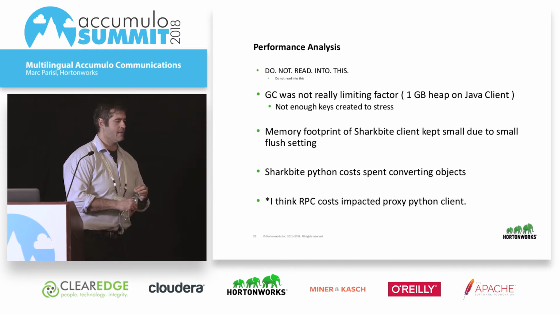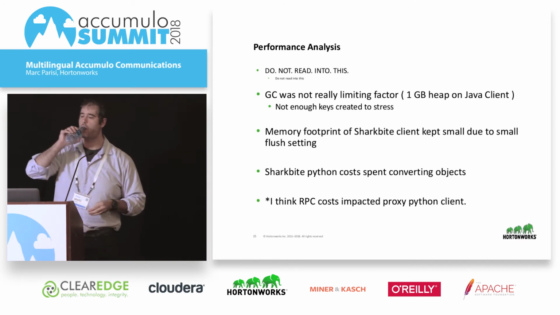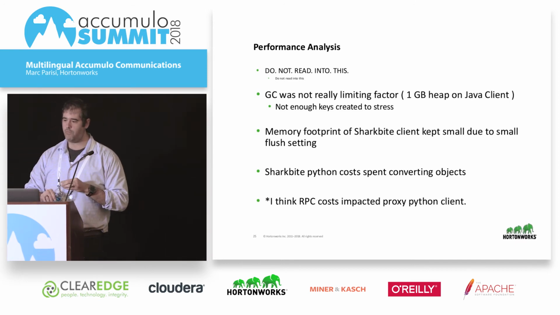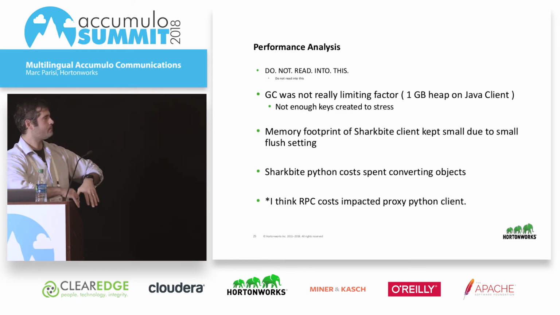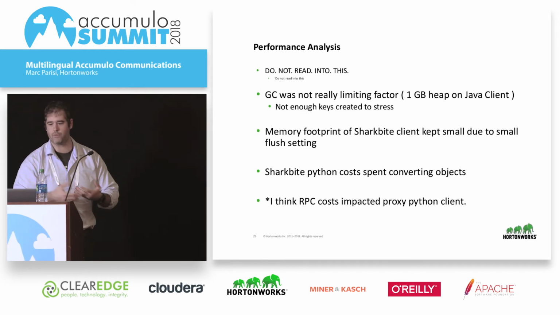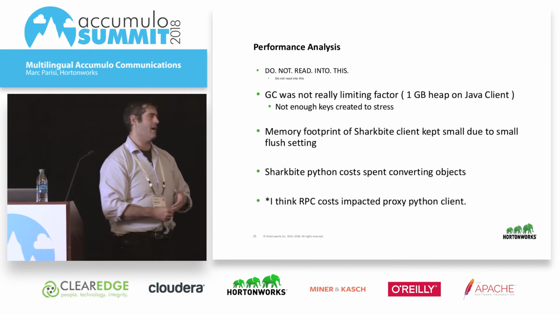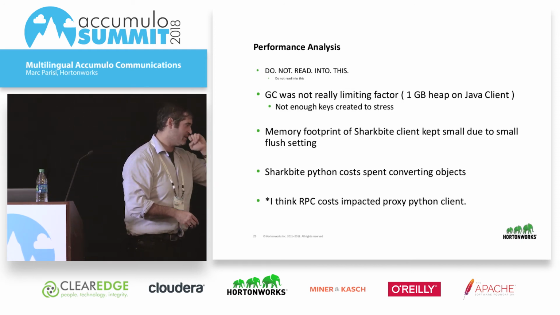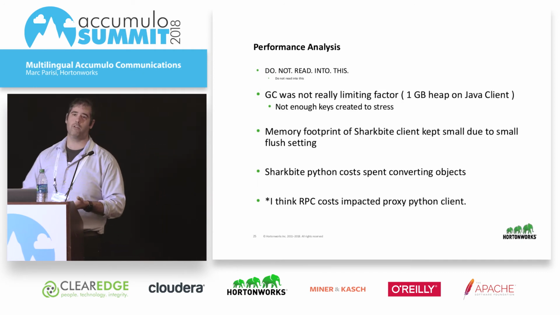In the examples where I've run Go, we don't see those costs, and we see numbers that are very close to the actual Sharkbite client itself. I think RPC costs, and there's an asterisk here, were impacting the Thrift client, and I didn't dive into details of why or how. I just wanted to say, oh, Sharkbite's better, let's just move on. But maybe there is room for improvement.